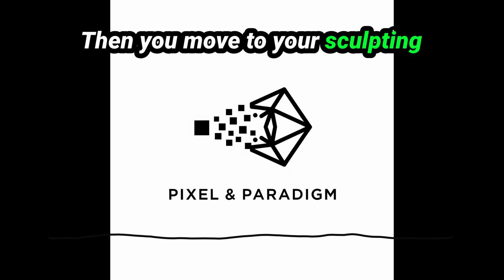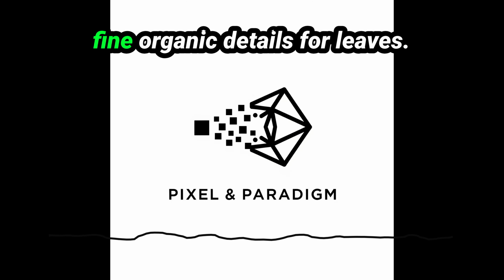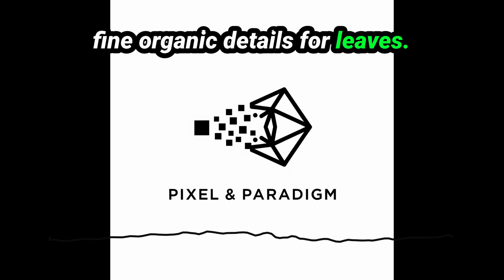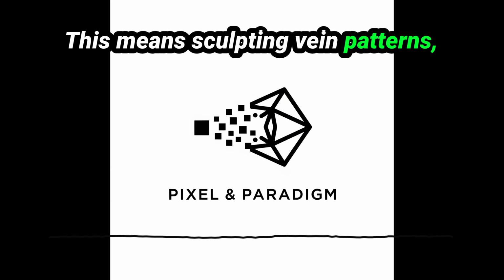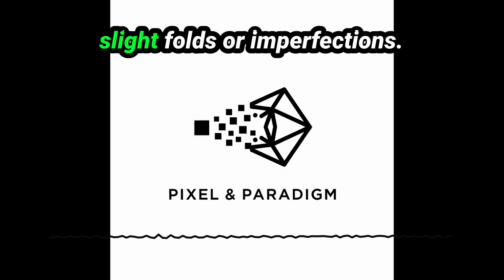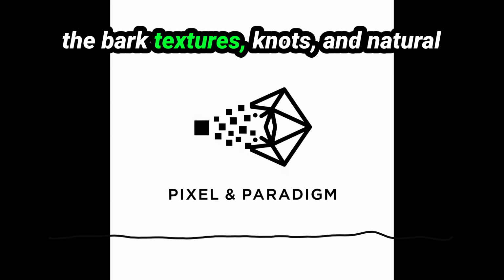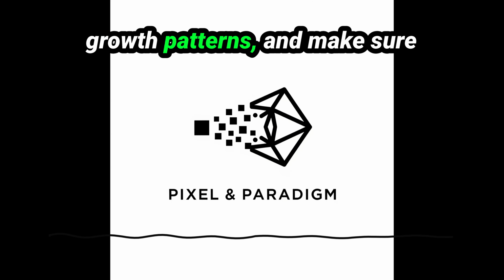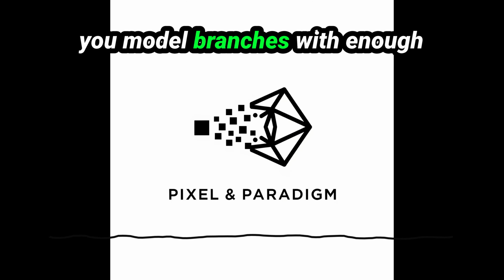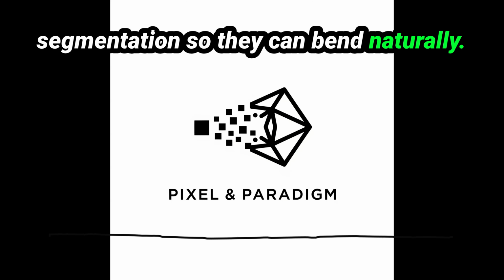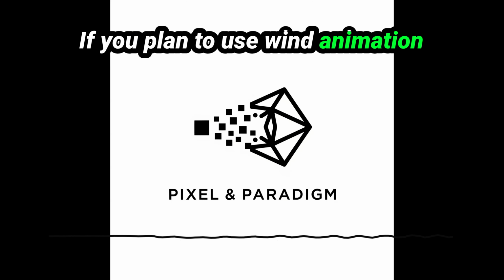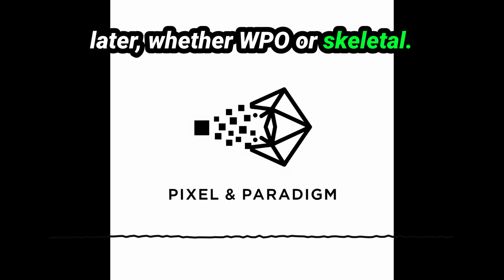Then you move to your sculpting software like ZBrush to add the fine organic details. For leaves, this means sculpting vein patterns, subtle surface texture, maybe slight folds or imperfections. For branches and stems, you sculpt the bark textures, knots, and natural growth patterns. And make sure you model branches with enough segmentation so they can bend naturally if you plan to use wind animation later, whether WPO or skeletal.